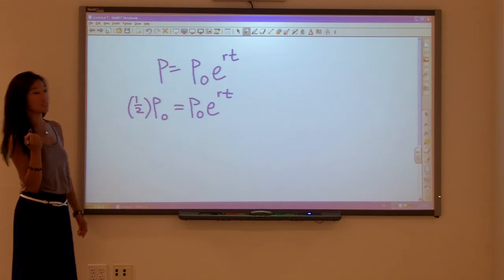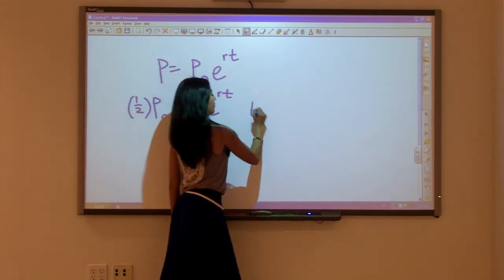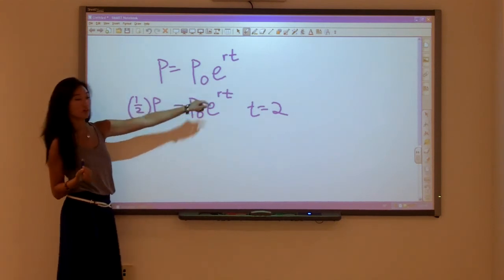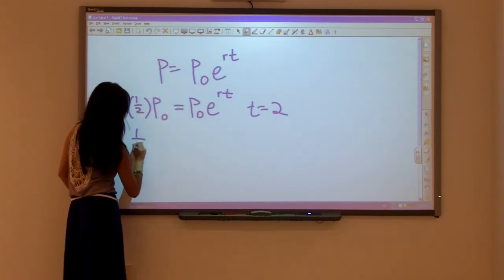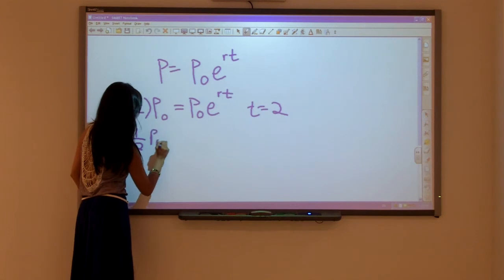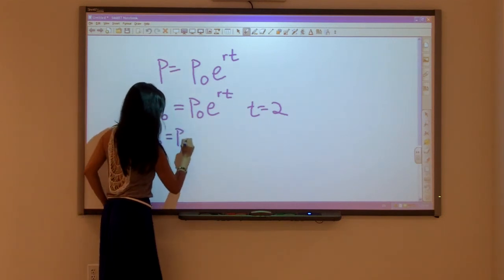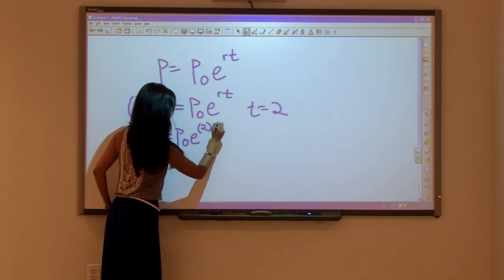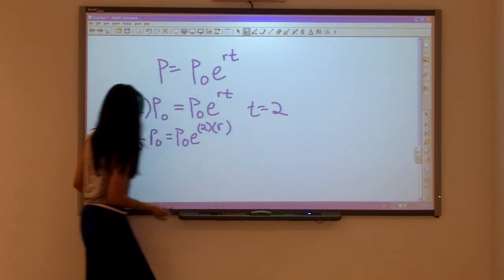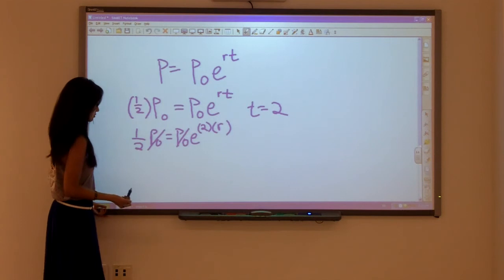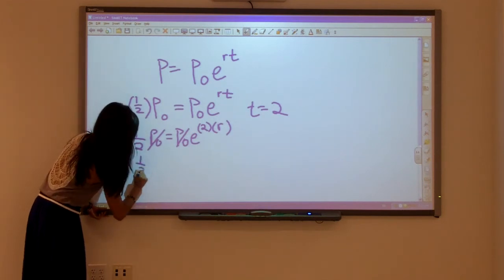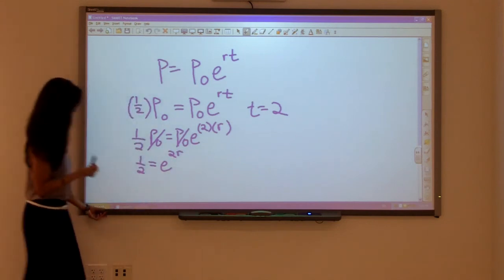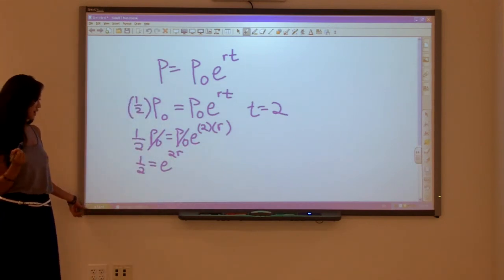In the problem, it said that our time for half-life was 2 seconds. So we're first going to solve for R. Then we're going to take the natural log of both sides.